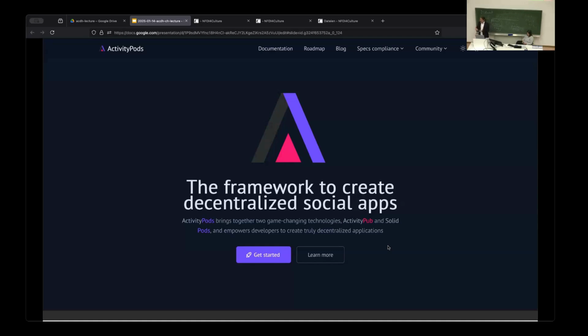Because then you have the full scale that we are missing. From my experiences in NFDI4Culture, you have storage, and of course you have it in a linked data way, and at the same time you have the communication protocol that we know from the Fediverse.